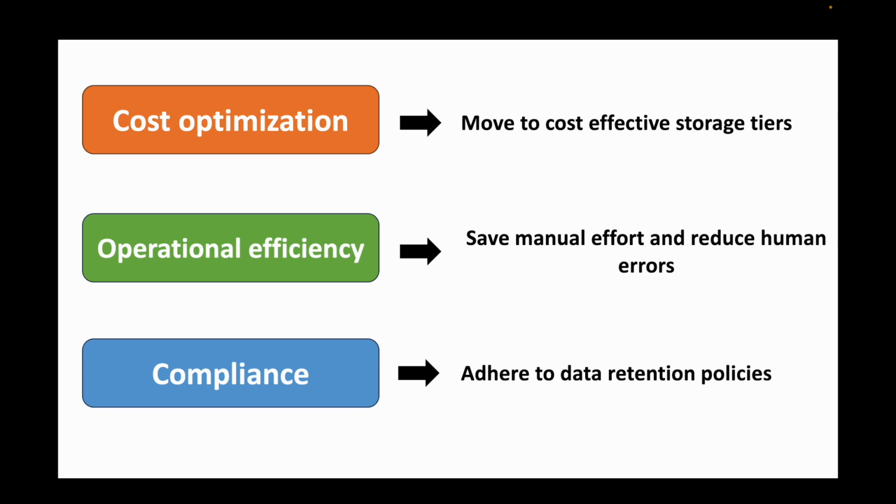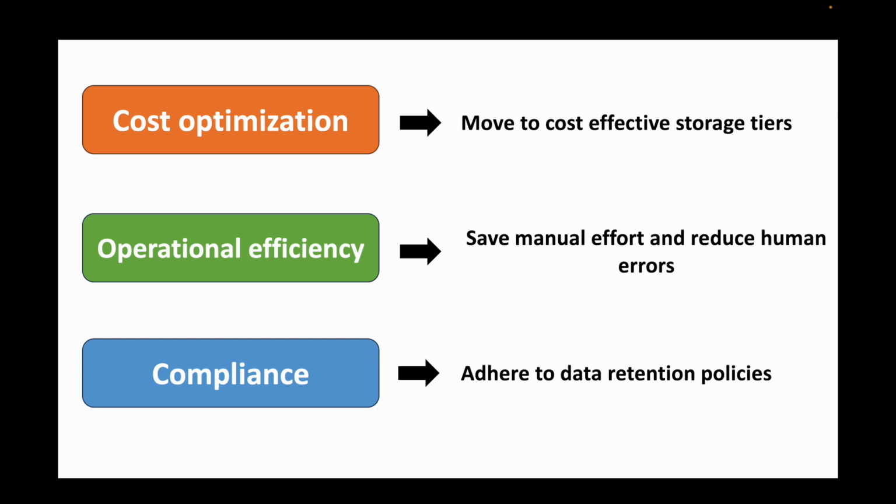Now, this will ensure that the system adheres to data retention policies. For example, let's say we have a media company that stores media footage. Now, we can use this lifecycle policy to save on cost by archiving any older footages that are very rarely accessed.